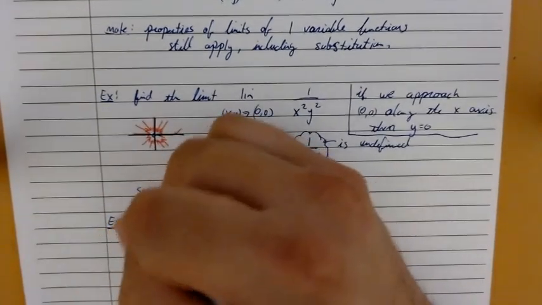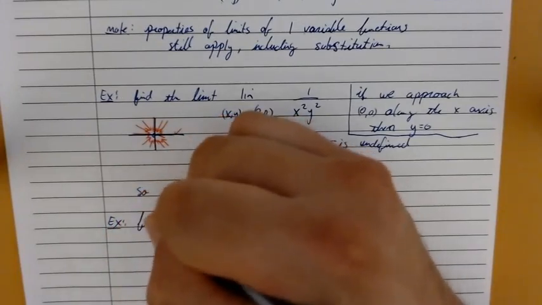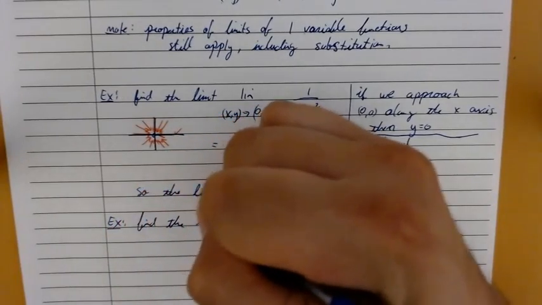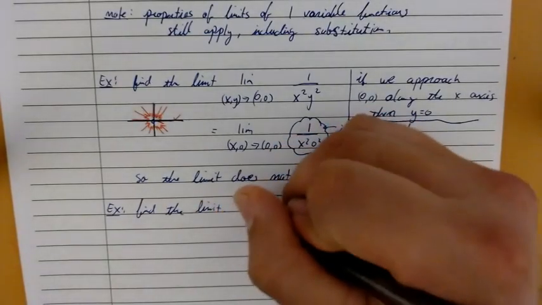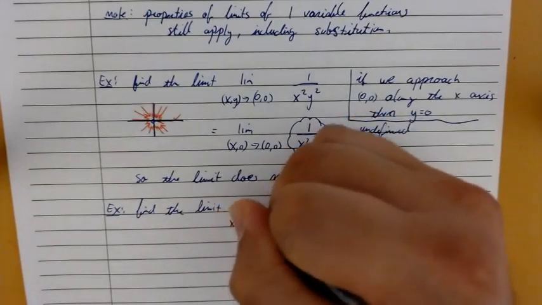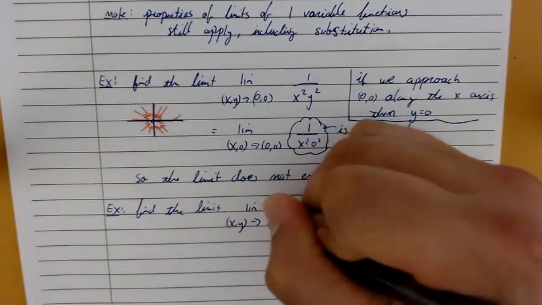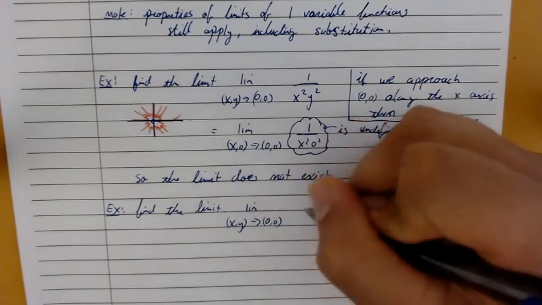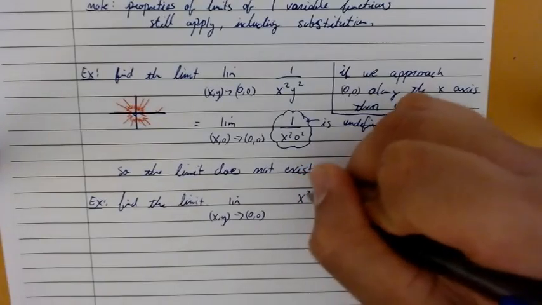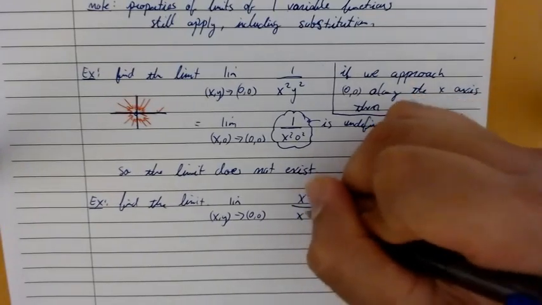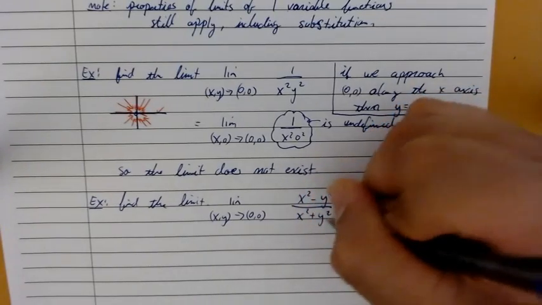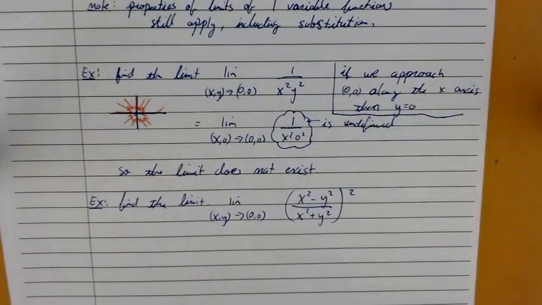Let's go and find the limit. Limit as x comma y approaches 0 comma 0 of x squared minus y squared over x squared plus y squared, squared.